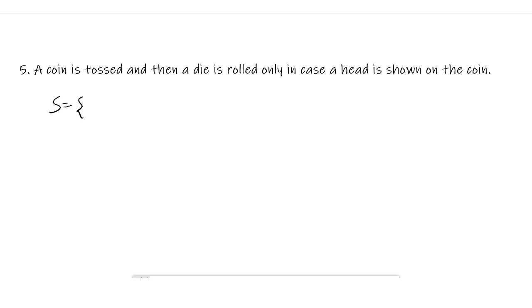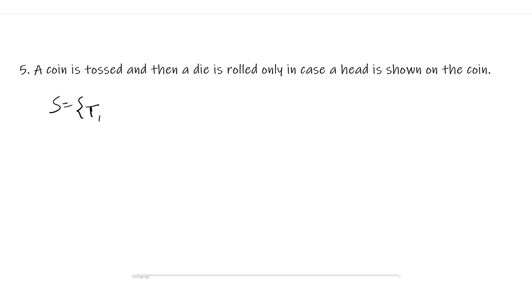If tail comes, then we write the tail in our sample space, and when head comes, then we have to throw a die, and there will be 6 outcomes on the upper face of the die, which are 1, 2, 3, 4, 5 and 6.